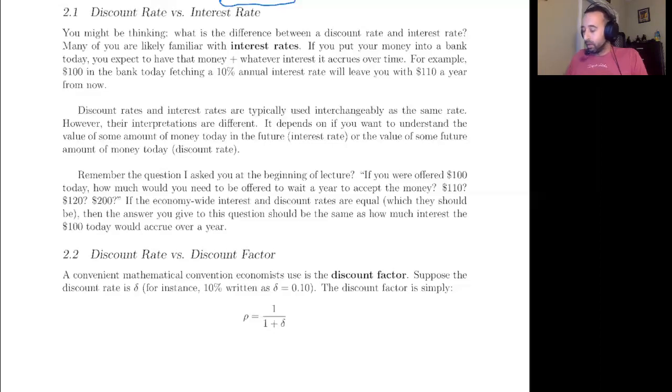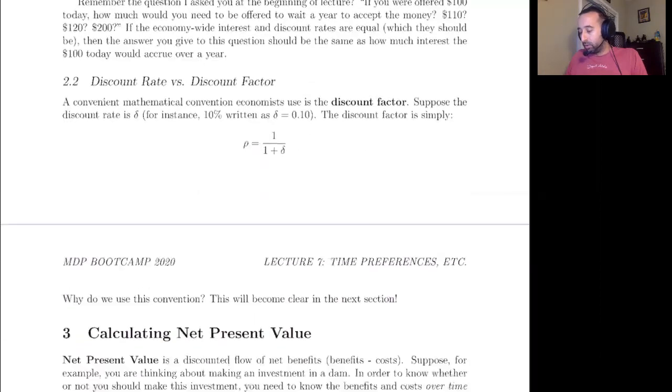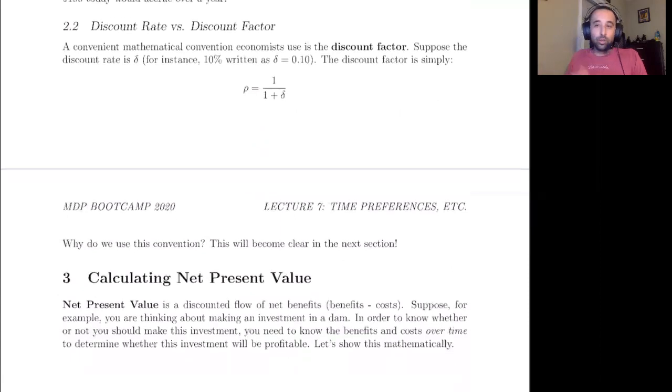The second part I want to introduce is more notational than anything. Sometimes you're going to see problems that feature the discount rate, which is that delta I wrote in the last lecture, and that's the delta you see right here, versus the discount factor. A discount factor is just a mathematical transposition of the discount rate.